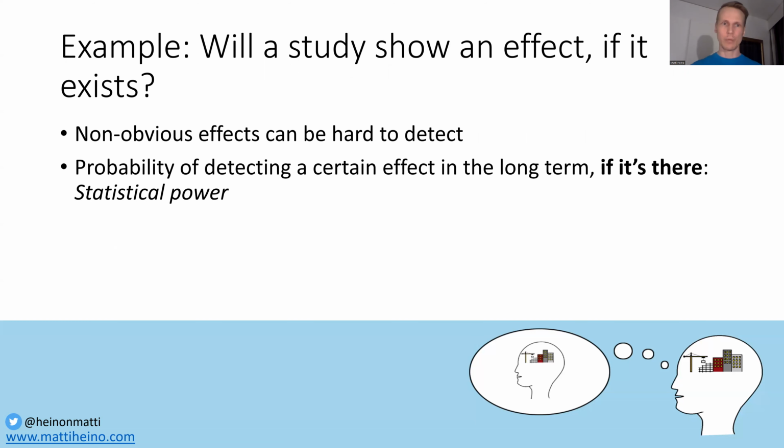And the probability of getting a statistically significant result in the long term, if the effect is real, is what we call statistical power. It's a very weird term, but what do you do?